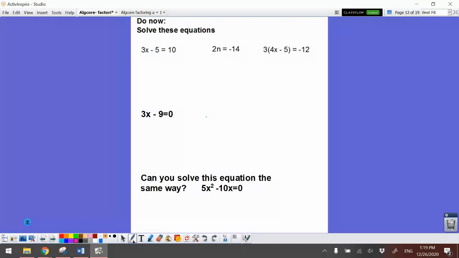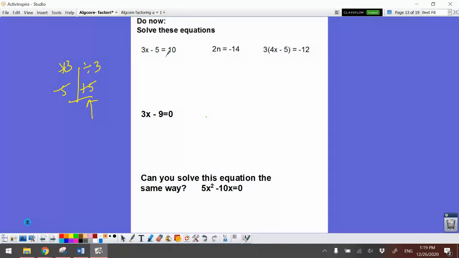So I want you to think back to what we have going on here with 3x minus 5 equals 10. And I want you to remember that this is times 3 minus 5. So the opposite would be plus 5, divide 3. And I always start from the bottom on the right. So that would tell me what my first step is.